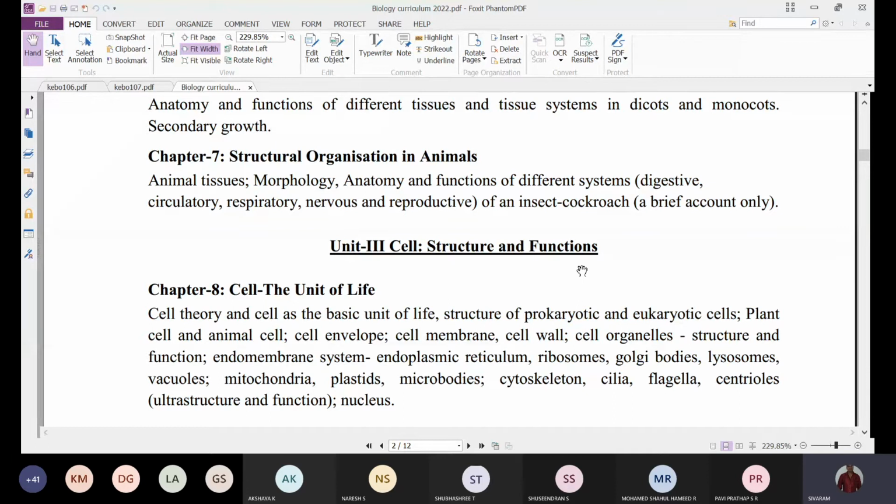At that we discuss about all these systems. So that's why they have been reduced, the earthworm and a frog. So one non-chordate and one chordate organism they have placed in the syllabus.